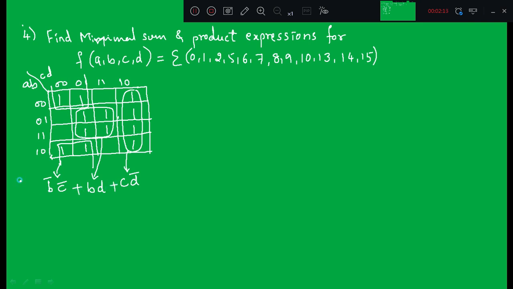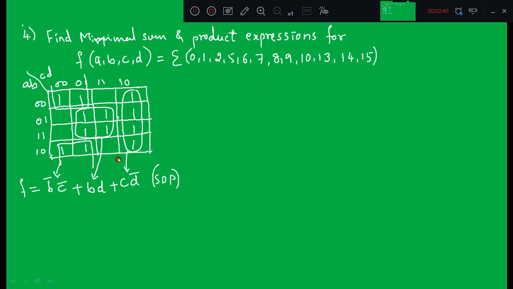So if I put a plus sign, what I'll get? I'll get the minimal sum term, or you can also call it the sum of product terms, right? So this is the simplified SOP expression you can get for the given function. So just identify, is it possible to group in one more method, right?